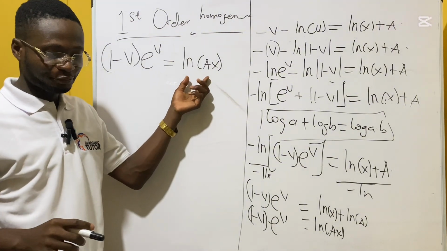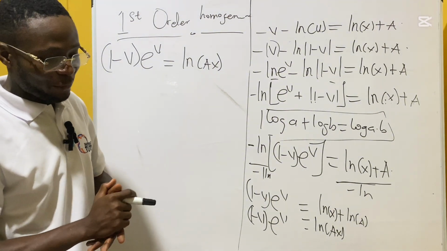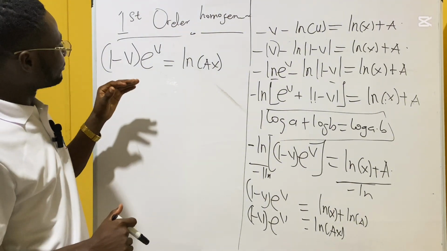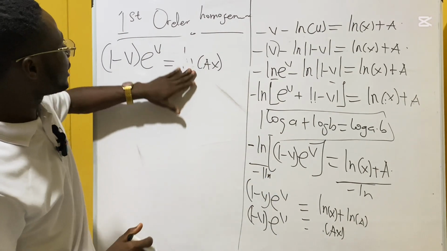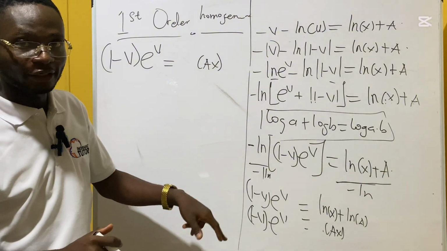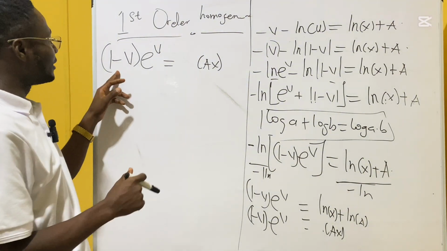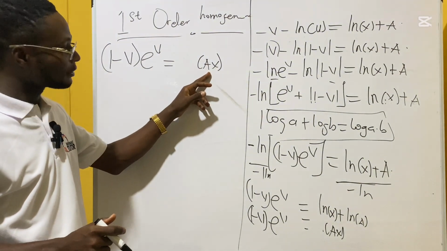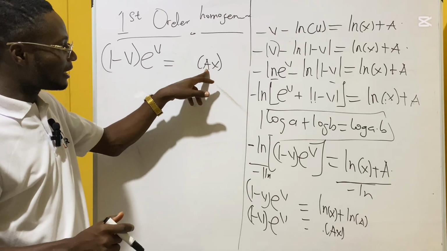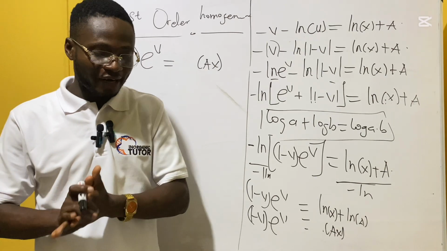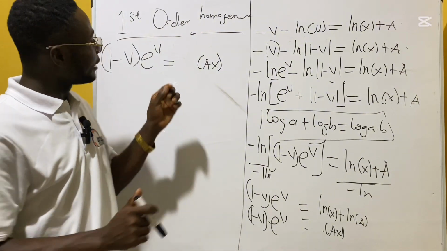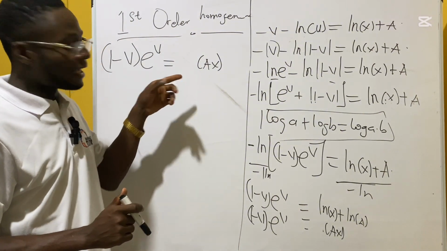At this section the ln should go away from here because we divided the ln. So we have this equals ax. We are interested in the constant standing alone, so we will divide by x.